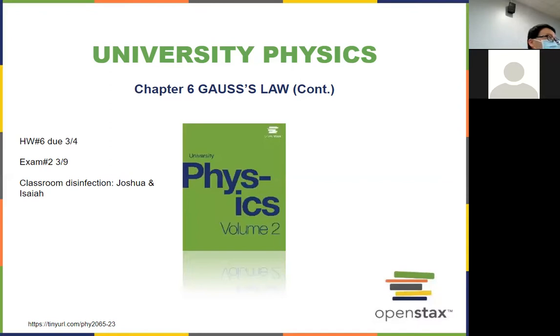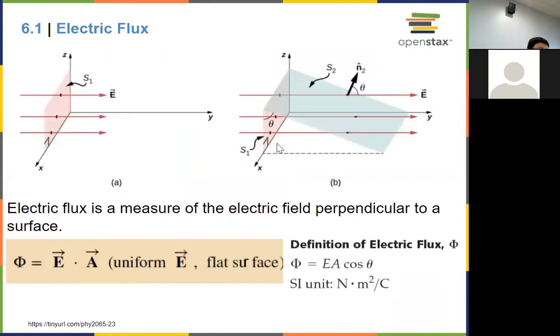So we'll be again looking at Gauss's law, some more applications today, but let's take a look at what we learned last time. We gave our definition for electric flux. Electric flux is the dot product of the electric field and the area vector, that's the surface.